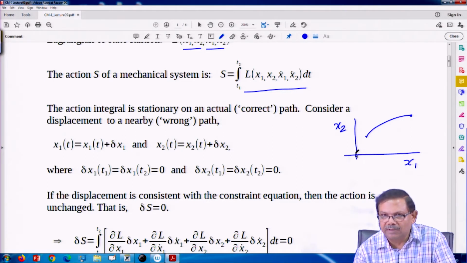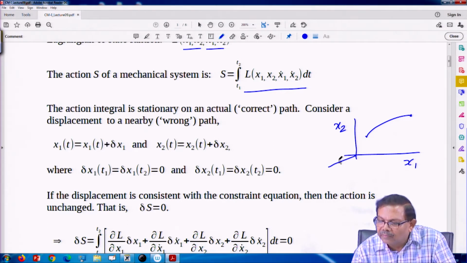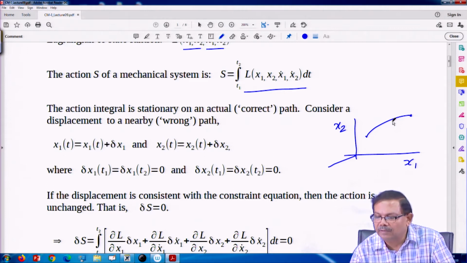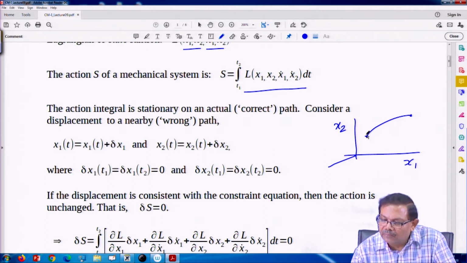So, I must have a third direction along which these curves should be plotted. There are various possible curves. One of them, let us say this one, is the actual curve.